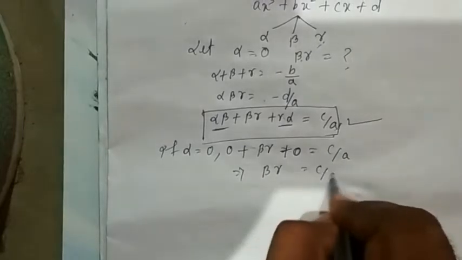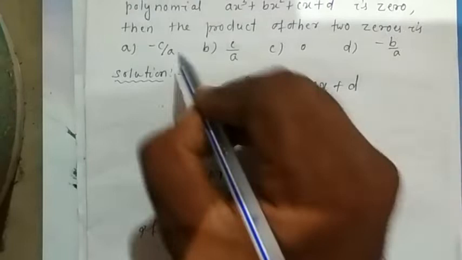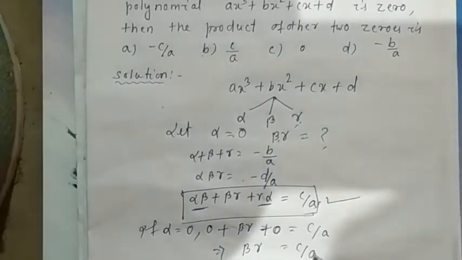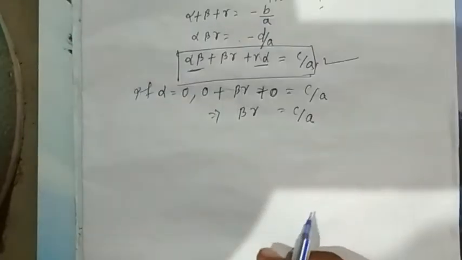That implies beta into gamma is equal to c by a. This is our second option, c by a. Beta into gamma is equal to c by a.